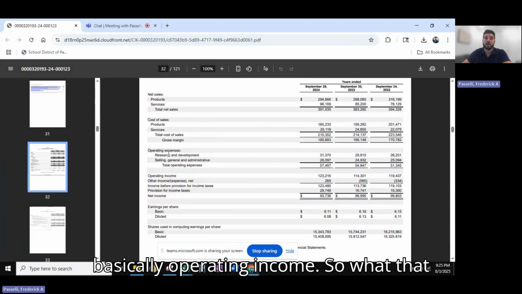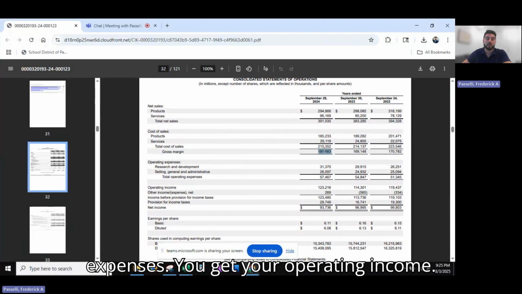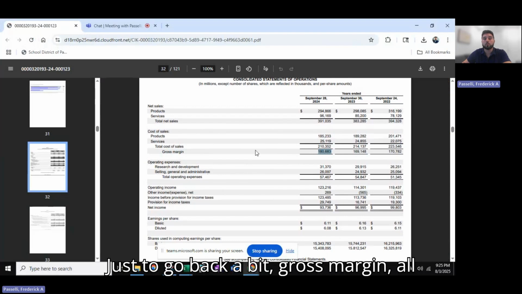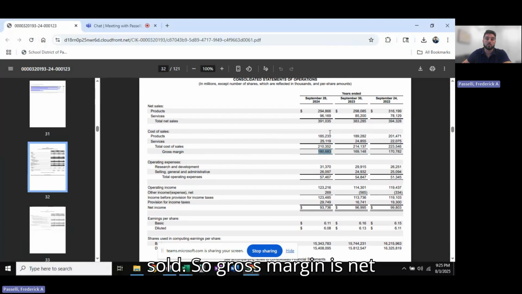Now, this is operating income. That's going to be your gross margin minus your operating expenses. Just to go back a bit, gross margin is net sales minus cost of goods sold.